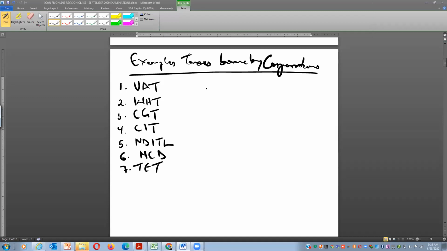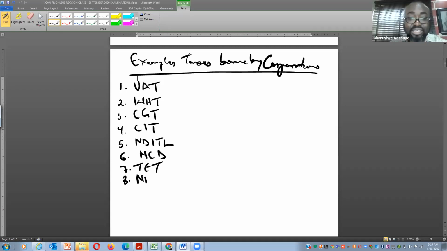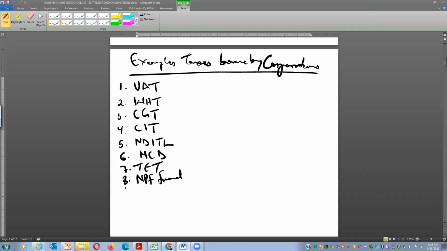Okay. Which other one? Yeah, many more. There's this new one to support police, Nigerian police. Okay, Nigerian Police Fund. Yes. Okay. Stamp duty.